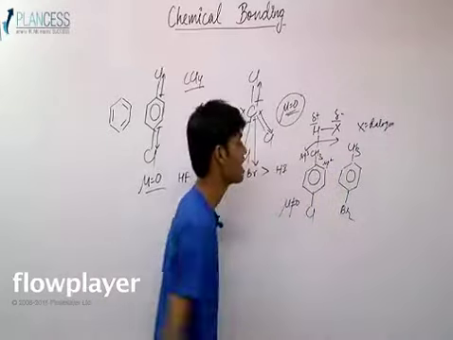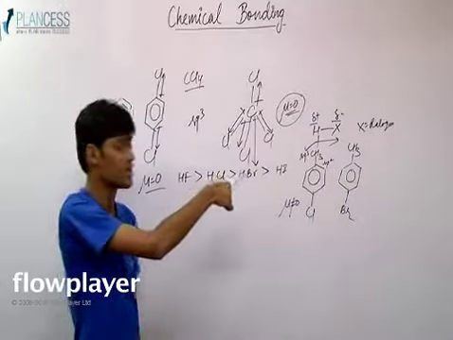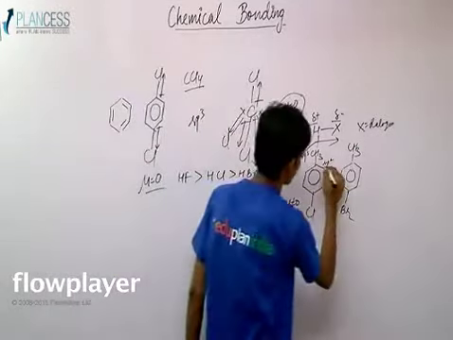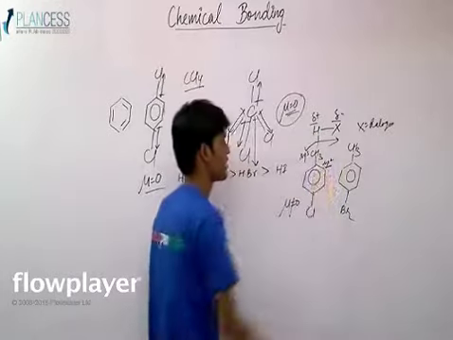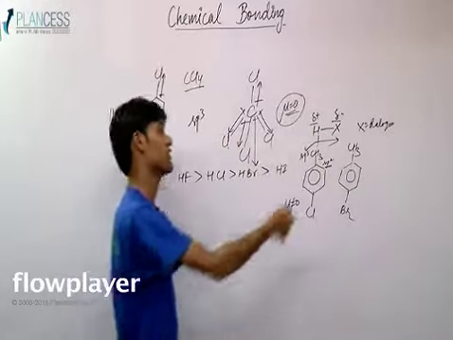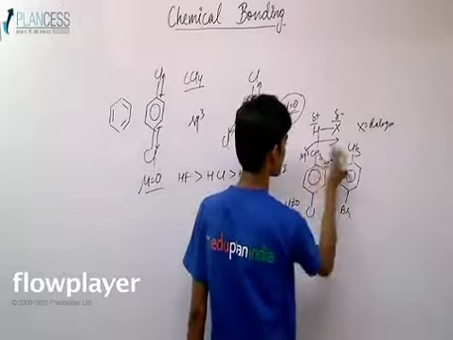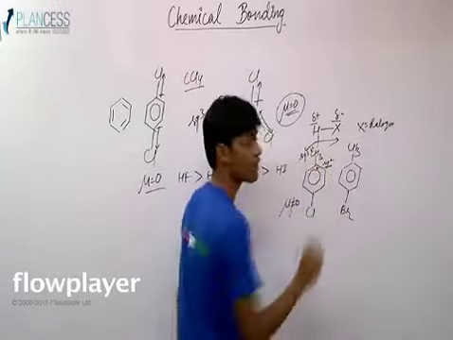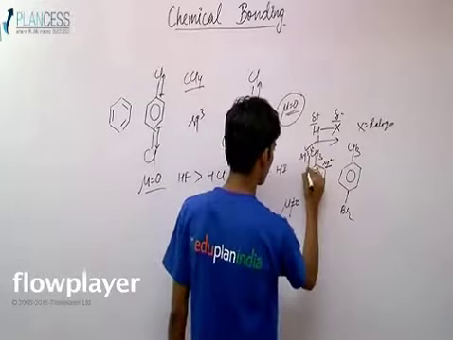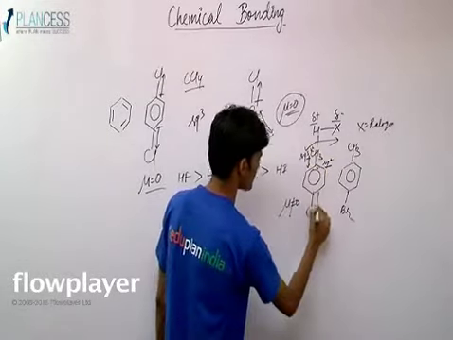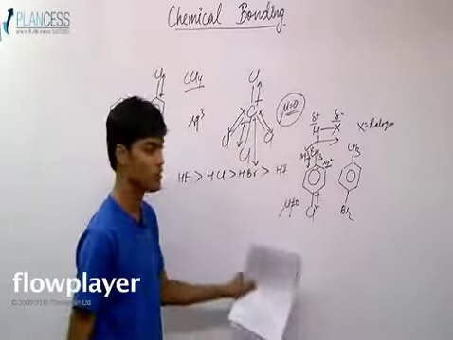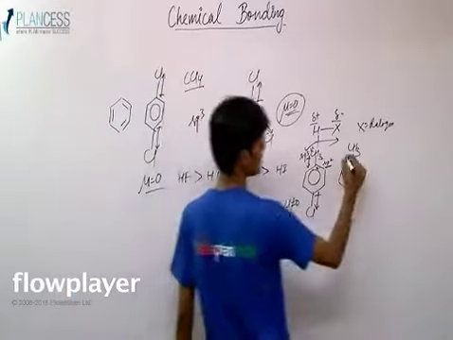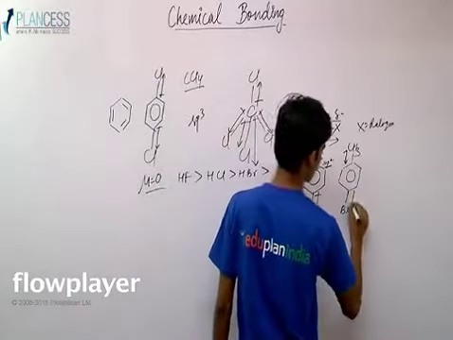I have said to you earlier that the sp2 hybridized element would be more electronegative than the sp3 hybridized one. So this is how you determine that this carbon would have delta plus on it, this carbon would have delta minus on it. So the dipole direction is from here, and since chlorine is definitely more electronegative, the dipoles are the same, and in this case also the dipole is the same.